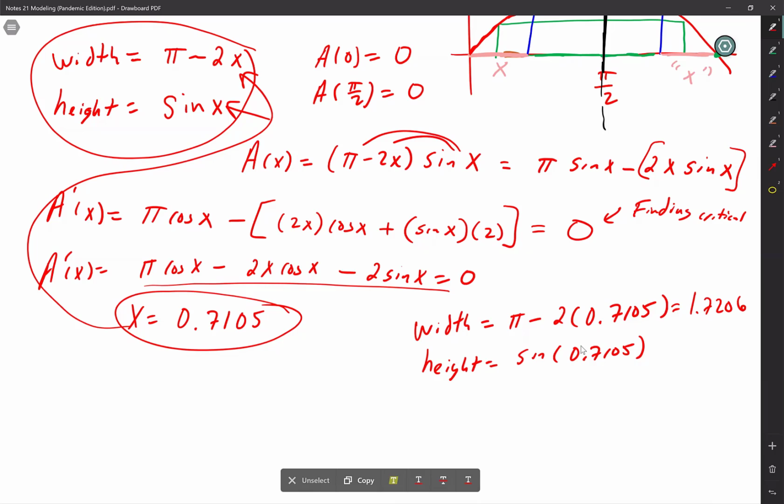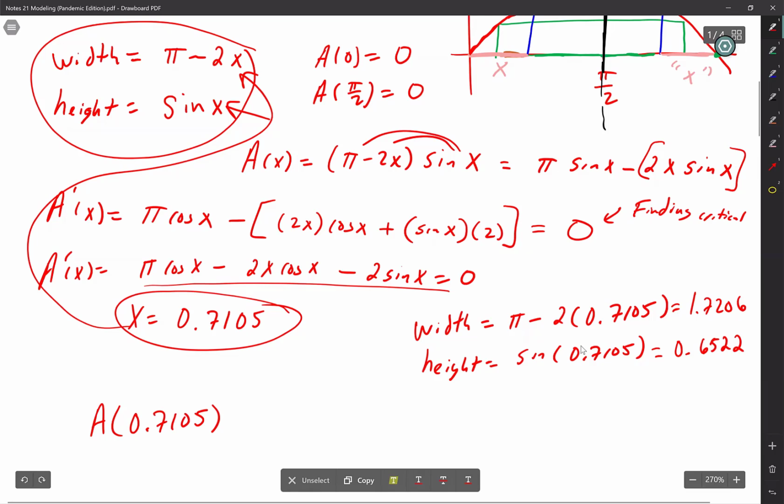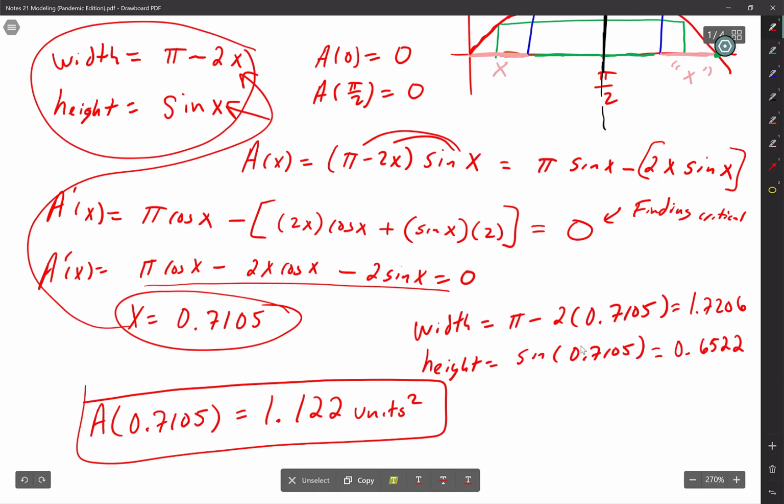And when you do the other one, you're going to get 0.6522. And then the area, when x is 0.7105, you can just multiply this width times height, and you're going to get 1.122 square units. You don't have to put units squared if you don't want to. This is my area. These are my dimensions.